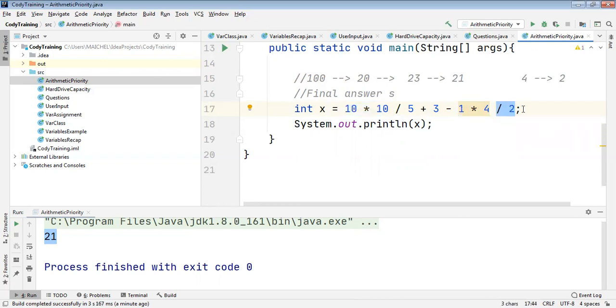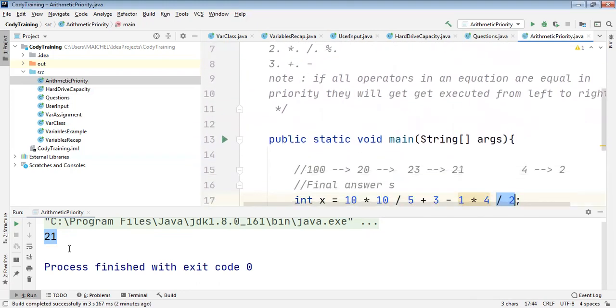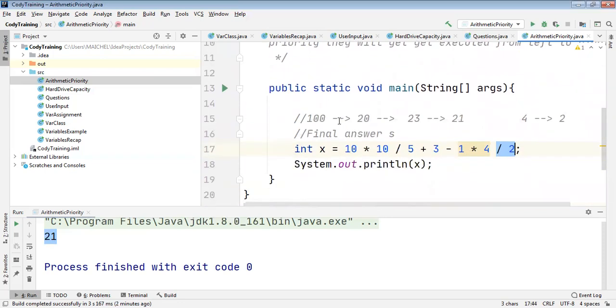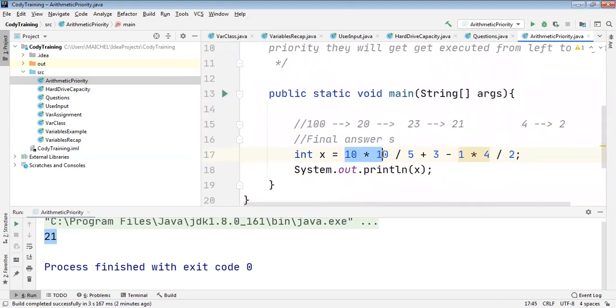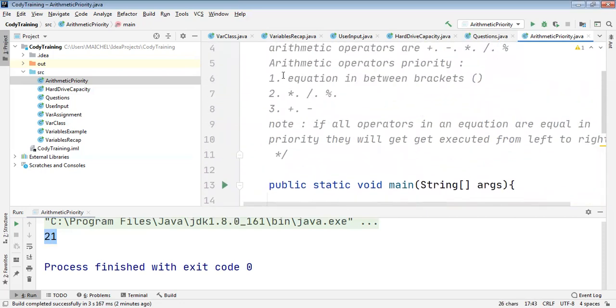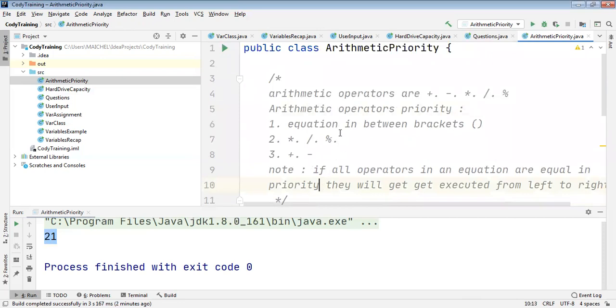It will give us 44. So it's a complete mess if we don't respect the rules. We didn't get the same result. We got a completely different result. So you should be aware of these rules, and you should apply them whenever you are dealing with arithmetic operators.